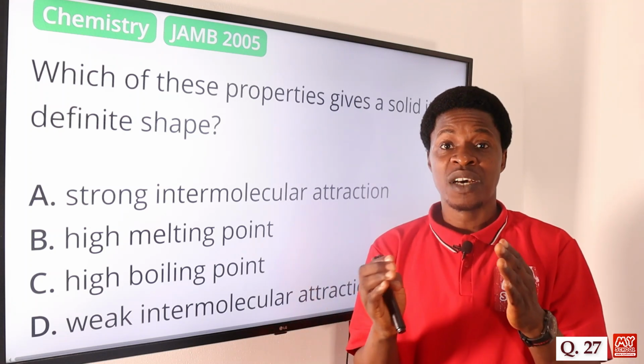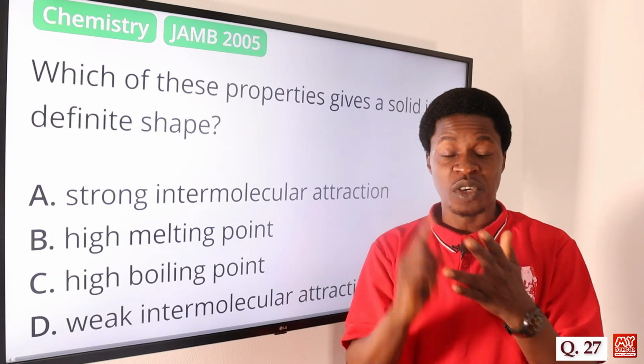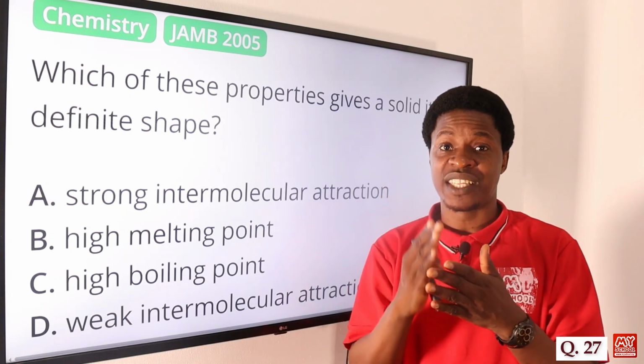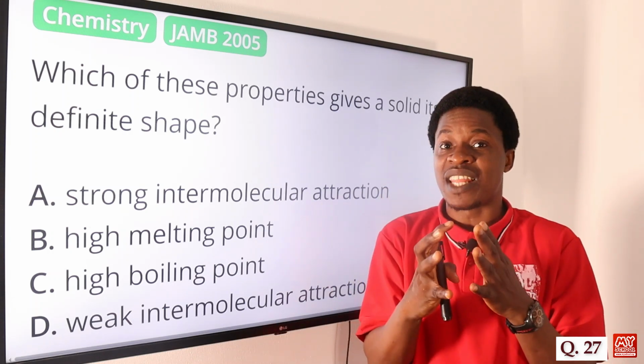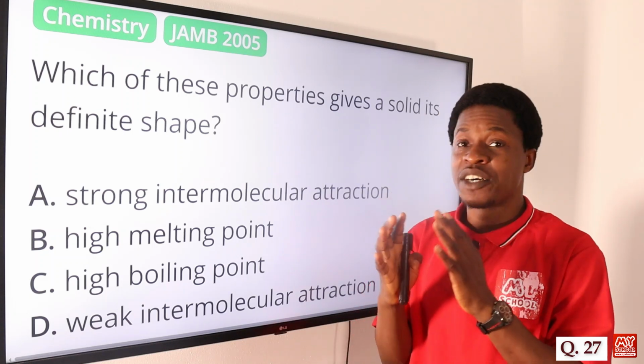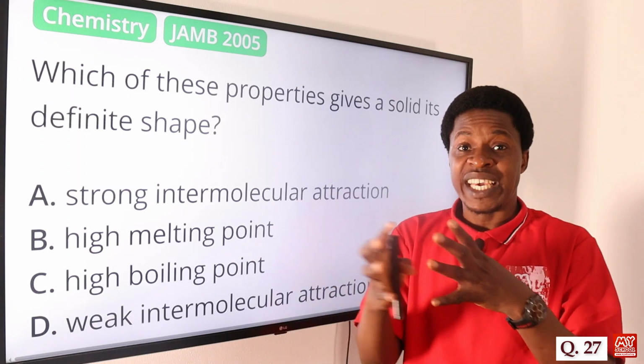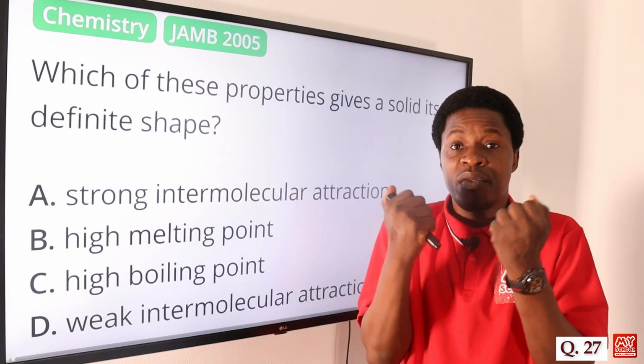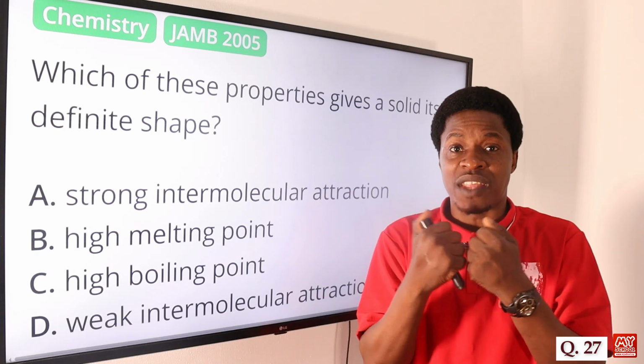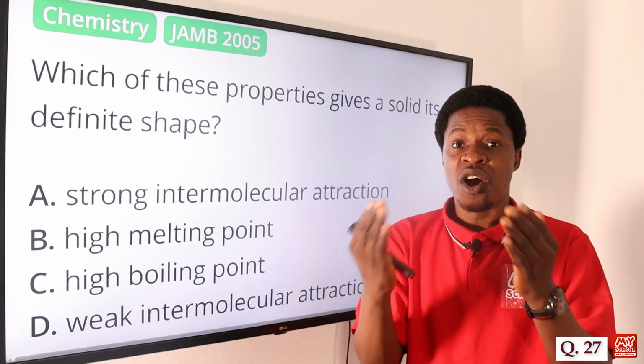When we say particles, we talk about the atoms and the molecules that make up that solid. Usually they are compacted together, and it's as a result of nothing else but a strong intermolecular attraction between them that binds the particles or atoms of that solid together. So it gives the shape of the solid.